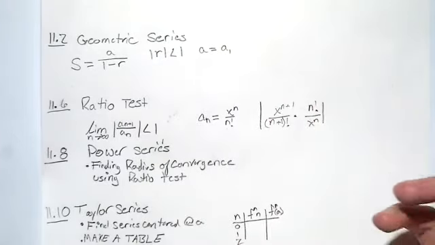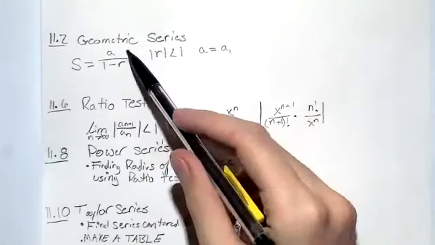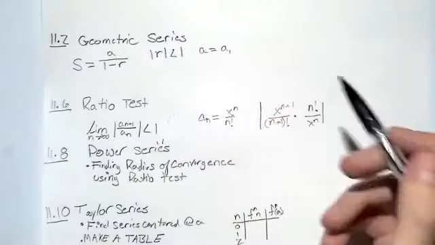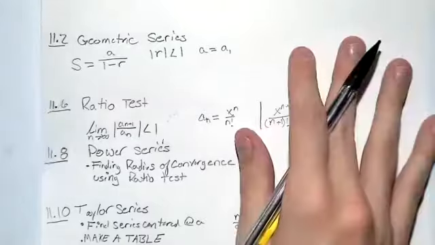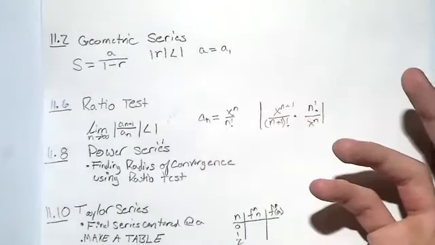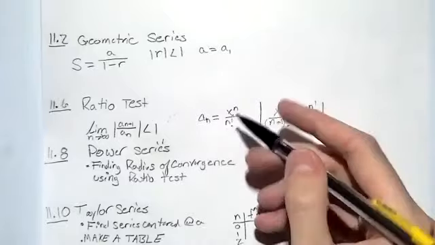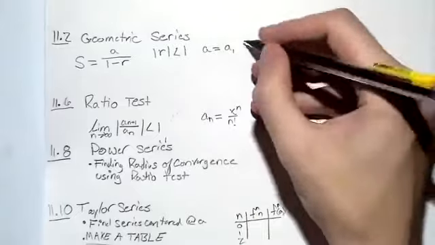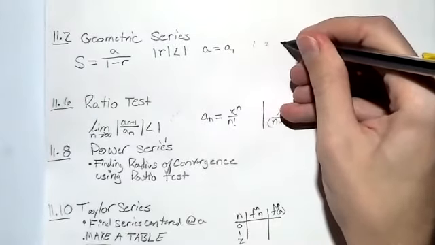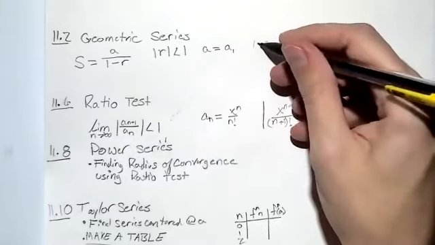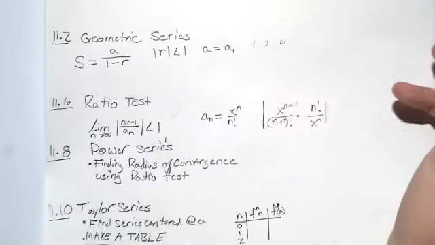So going over kind of exam contents. So we have geometric series. This will follow a clear ratio between each number in the series. So like if we had the series 1, 2, 4, we're clearly doubling each one because this is times 2, times 2.